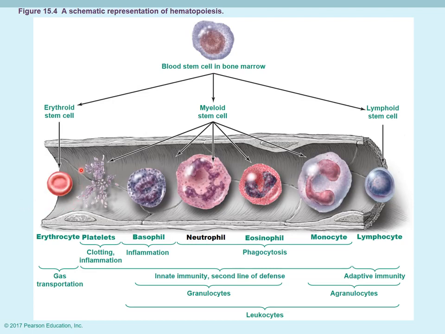So over here is the red blood cell or erythrocyte. Here are the platelets. As I said, those are going to be involved in blood clotting. And then these five are your five different types of white blood cells or leukocytes. These three right here, the basophil, neutrophil, and eosinophil, are your granulocytes. The monocyte and the lymphocyte are the agranulocytes.